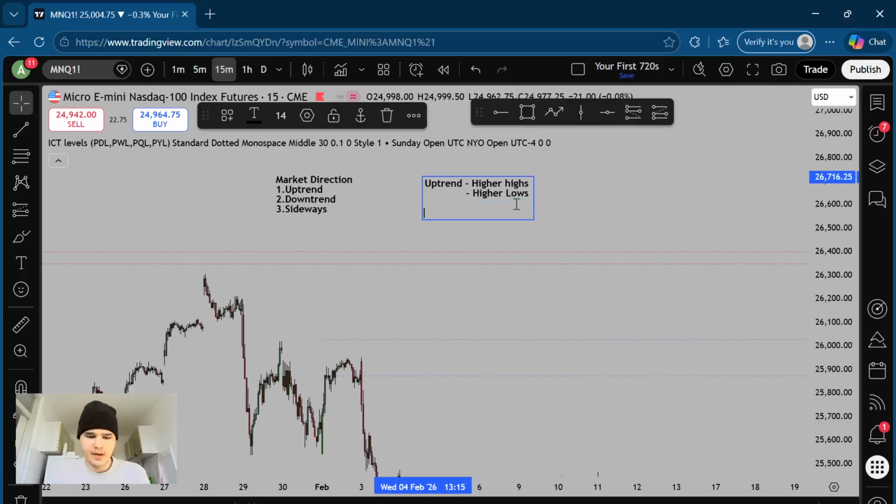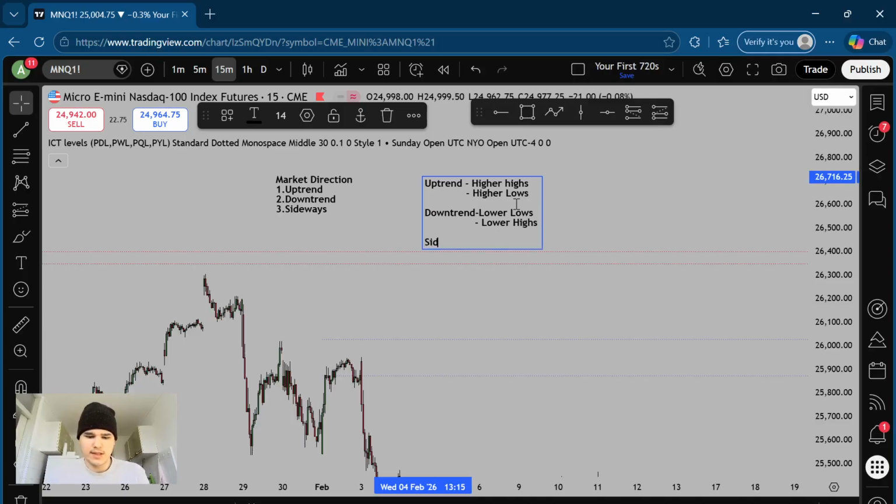Okay, a downtrend is made up of lower lows and lower highs.